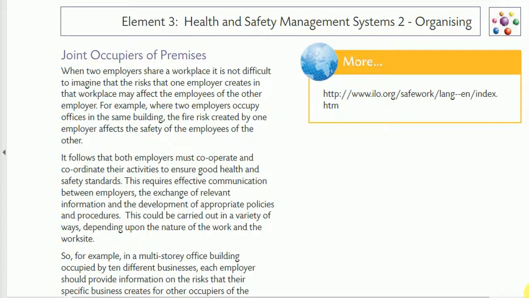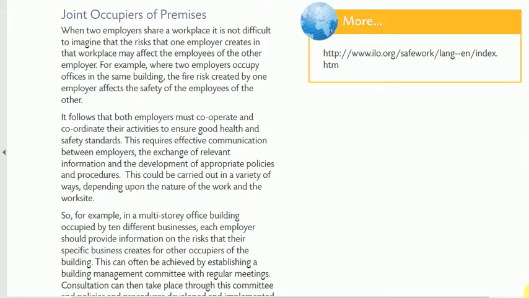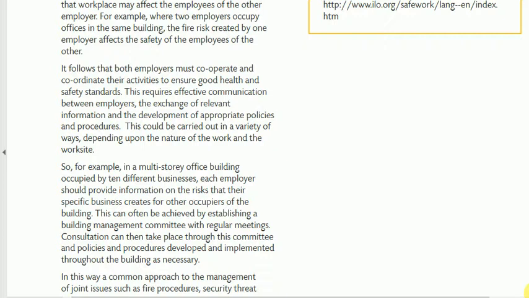Now, joint occupiers of premises, they have a job too. They must cooperate and work together to ensure that the place is safe. Both of them should have a safety policy because they are joint occupiers of a premises. They should inform each other of the dangers their jobs or their businesses pose to each other.